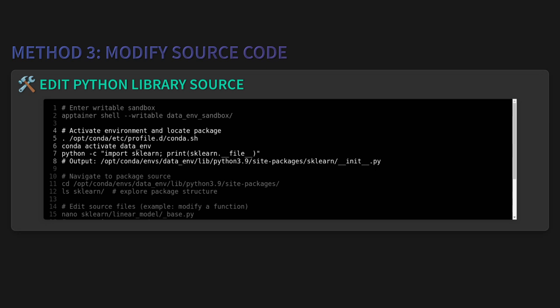And then, as I mentioned, when we create the sandbox, we'll be able to go directly into opt/conda/lib/python3.9/site-packages/scikit-learn. And inside this scikit-learn folder, there will be all the Python files associated with the scikit-learn package. And inside it, you can do whatever you want. You can change a function.